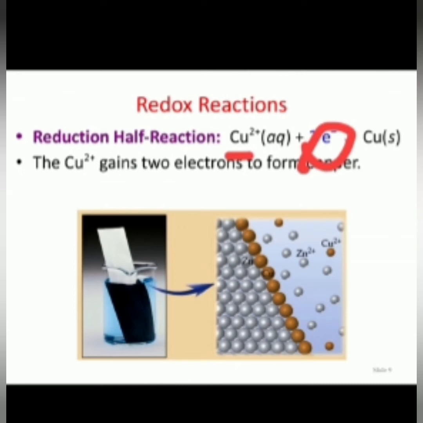The Cu2+ ion gains 2 electrons to form solid copper. In this case, the zinc strip reduces its weight and the copper strip gains weight.